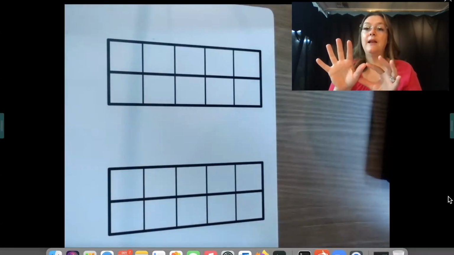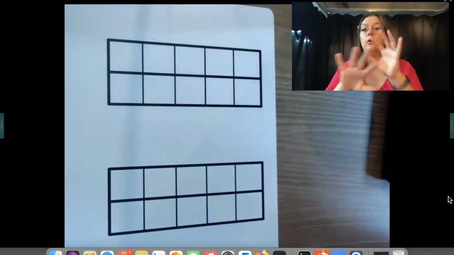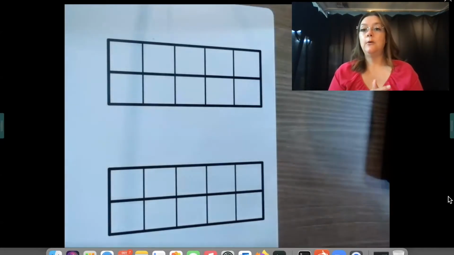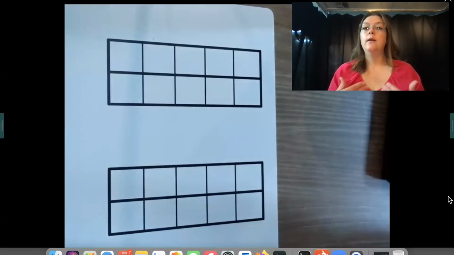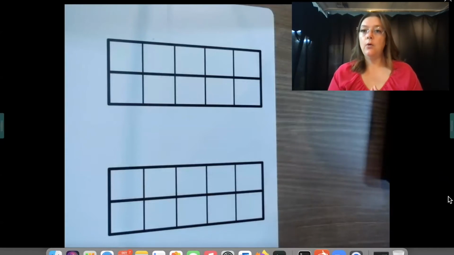We talk about that in measurement. That's something that we need to do. We need to talk about larger and smaller and longer and shorter. Those kinds of words, or it has more, it has less. Those are very important mathematical terms that they need to know, yet we sometimes take them for granted.